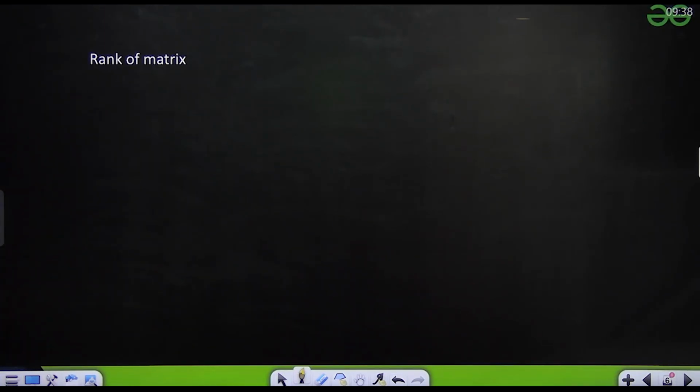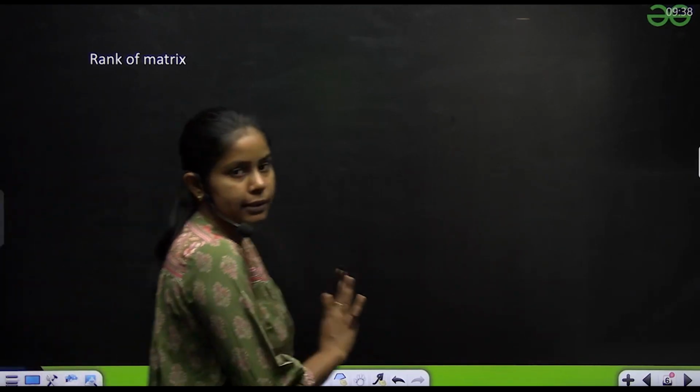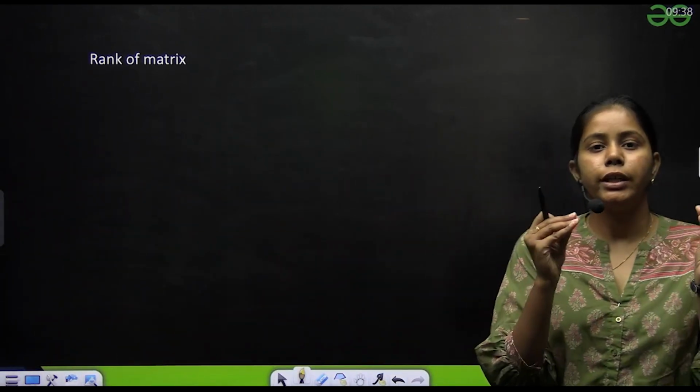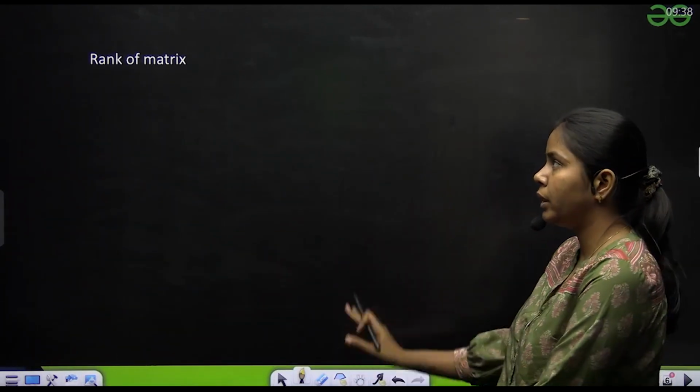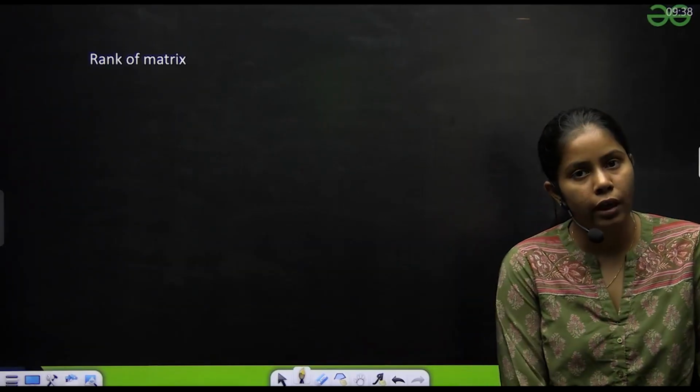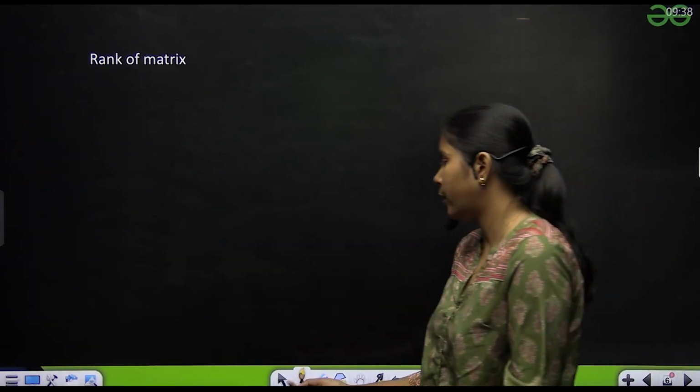Now the question arises: what is the rank of a matrix? We have studied elementary transformation, we have studied row reduced echelon form. Now what is the rank of a matrix?